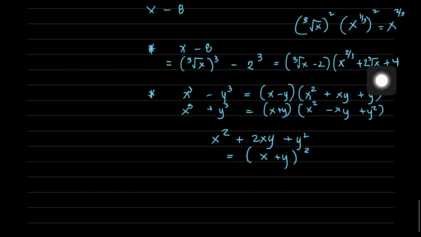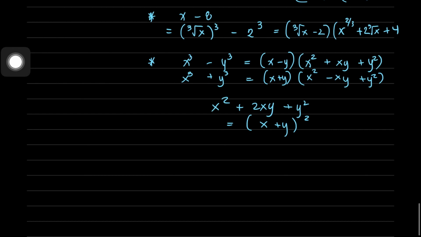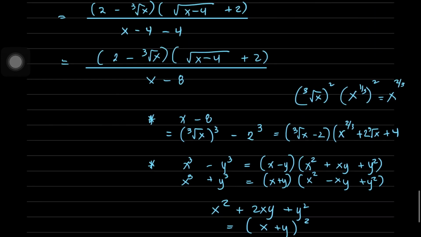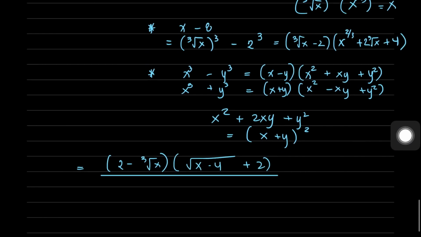Since this is now the factor of x minus 8, we can write it here. This is now equal to 2 minus cube root of x multiplied by the square root of x minus 4 plus 2, all over x minus 8, and the factor of x minus 8 is this one. So let me just write it here.